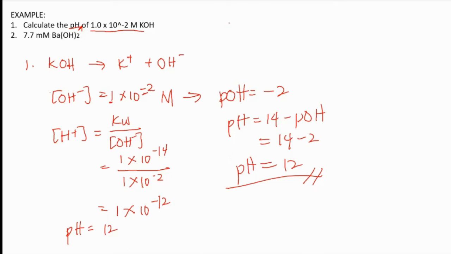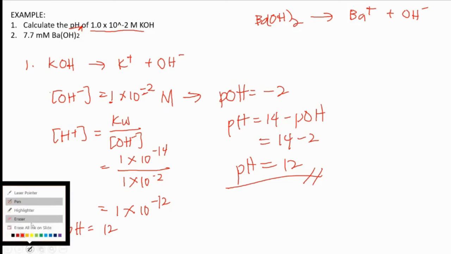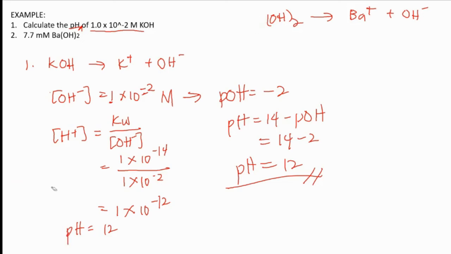So how about number 2? So barium hydroxide, we have Ba plus and then OH negative. Balanced ba? Correct na ba yung reaction natin? No, ma'am. Oh, anong wrong?